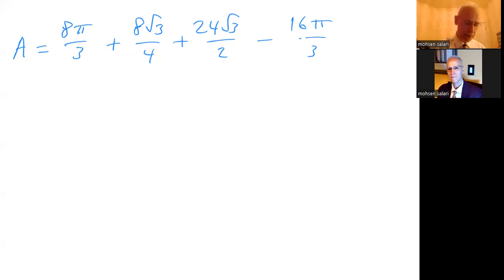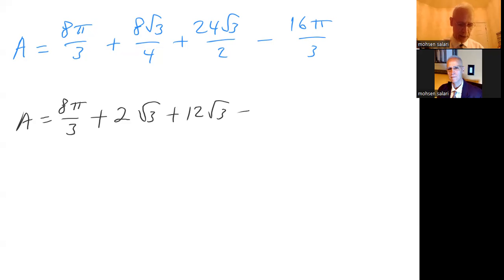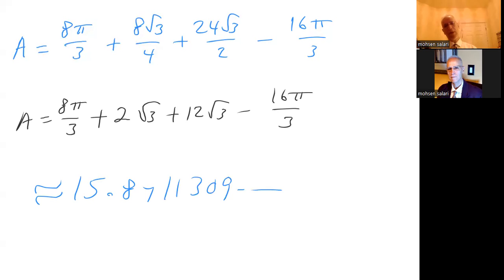I can reduce the 8 over 4 to just 2 root 3, plus 12 root 3, minus 16 pi over 3. Okay, let me plug all that into my calculator. So I have 8 pi over 3 plus 2 root 3 plus 12 root 3 minus 16 pi over 3. According to my calculator, 15.8711309. Okay, thanks.